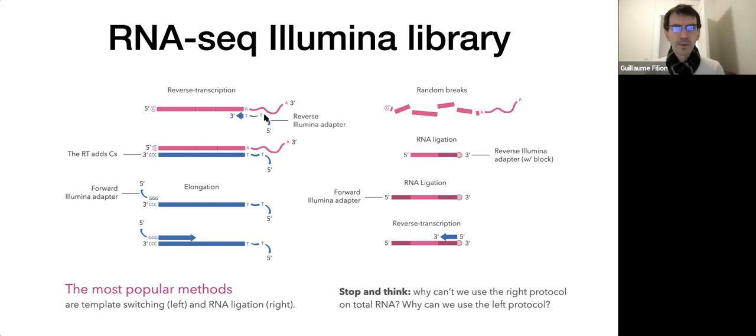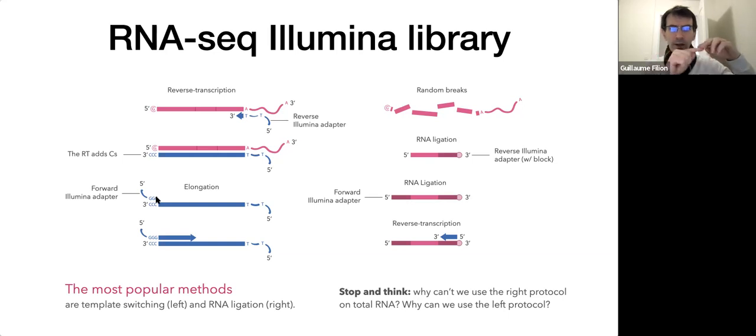So you can put already on the 5' end whatever you need to be able to sequence it on an Illumina. So you do the RT here, and then that produces the cDNA in blue, and you take a special reverse transcriptase that adds a couple of Cs here at the end, and it does this for free. They're called untemplated Cs. So it adds 2, 3, sometimes 4 Cs here, and that's enough to use another primer that has only 3 or 4 Gs, and that will allow priming that reaction.